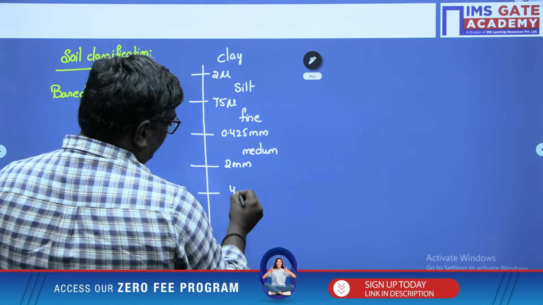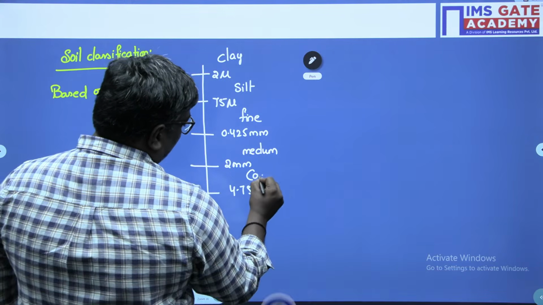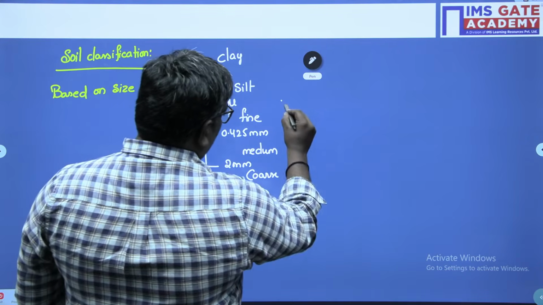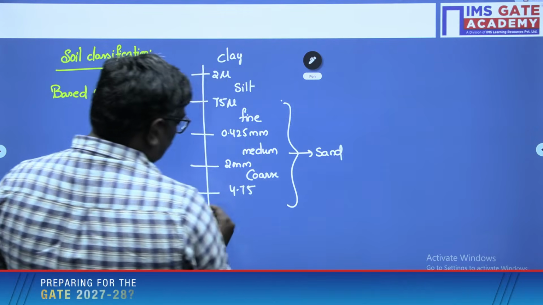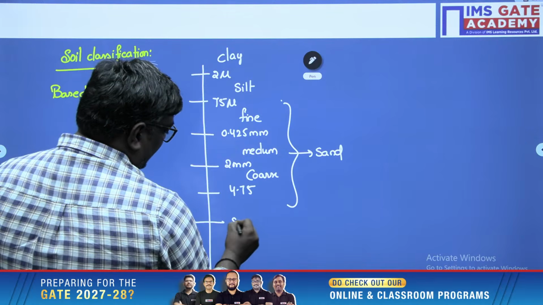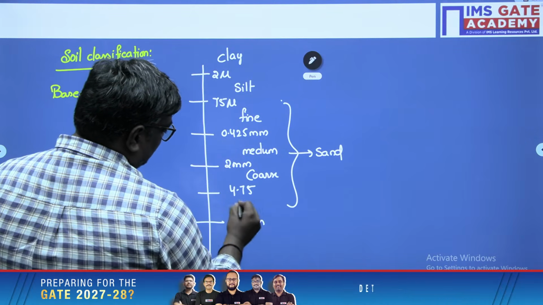And 2 mm to 4.75 mm, coarse sand. So 75 micron to here, we call it sand. More than 4.75 to 80 mm, we call it gravel.